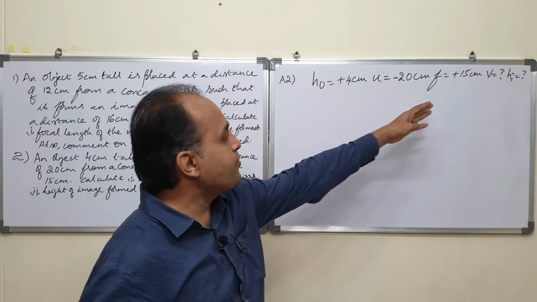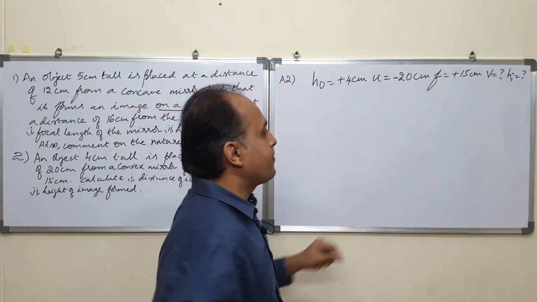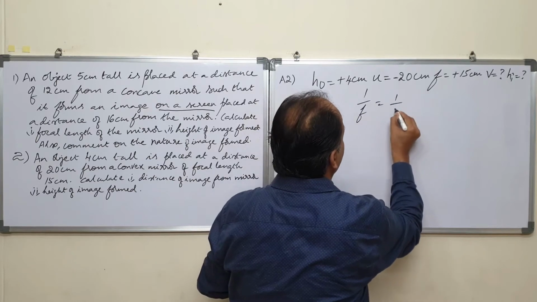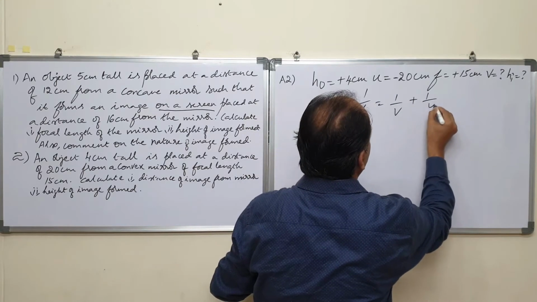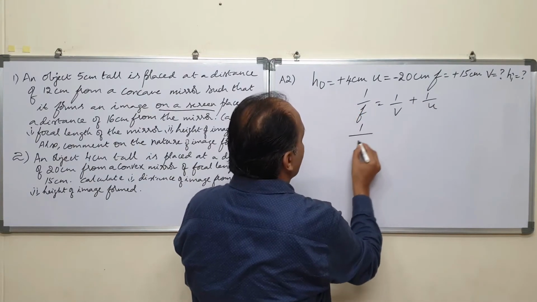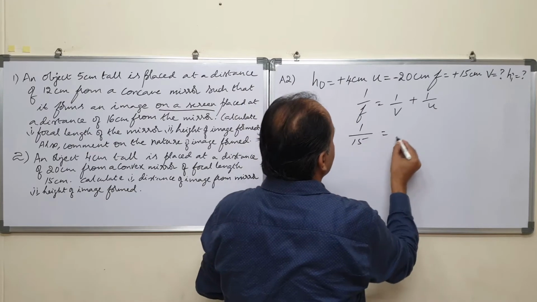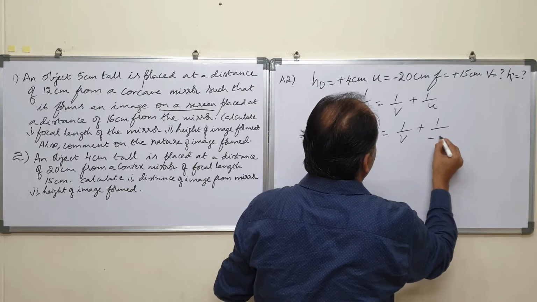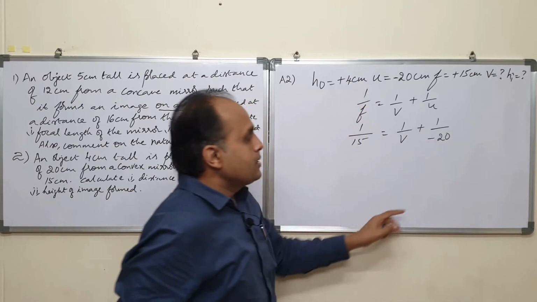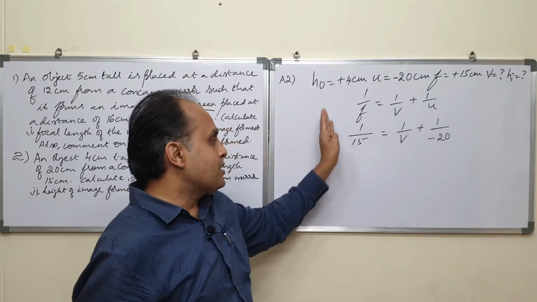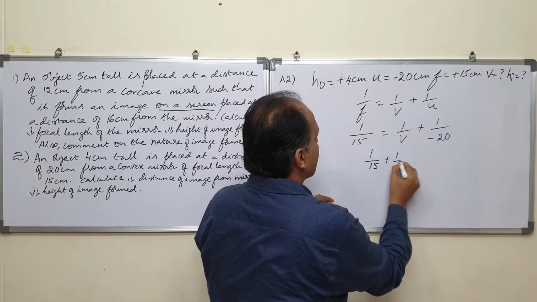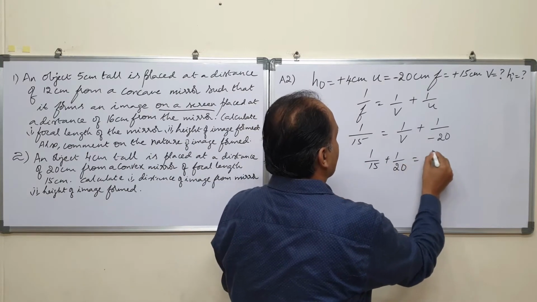Right, now let us try to find out v. For finding out v, we use the mirror formula. 1 by f is equal to 1 by v plus 1 by u, and 1 by f is 1 by 15, that is equal to 1 by v, we do not know that, plus 1 by u is minus 20. So this minus 1 by 20 comes this side, it will become plus. So 1 by 15 plus 1 by 20 is equal to 1 by v.